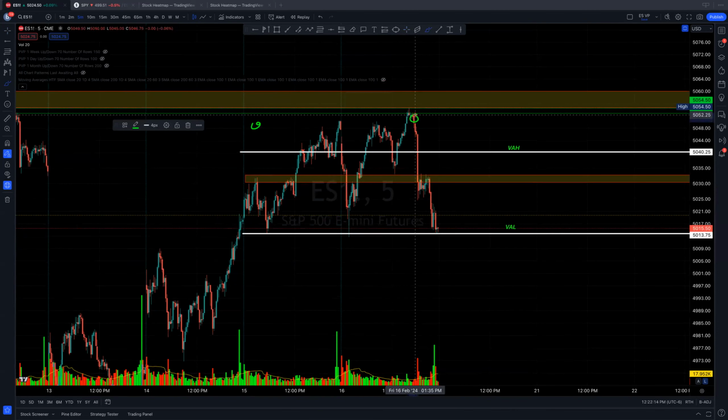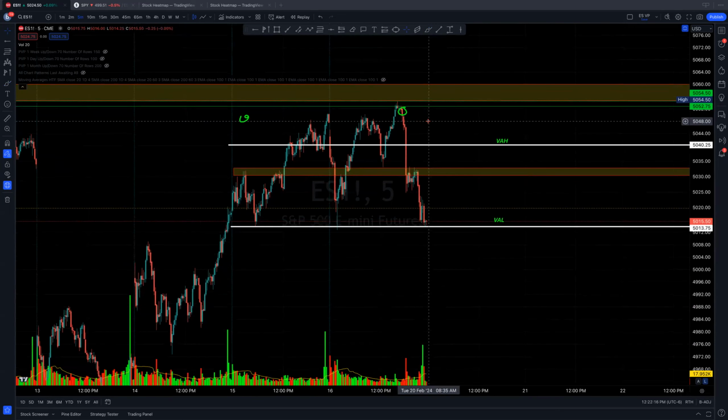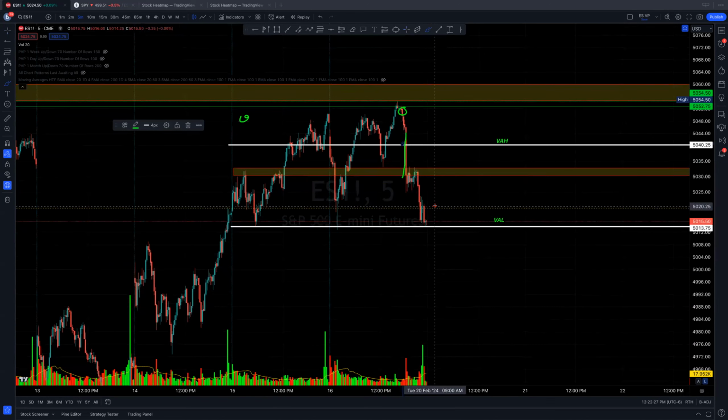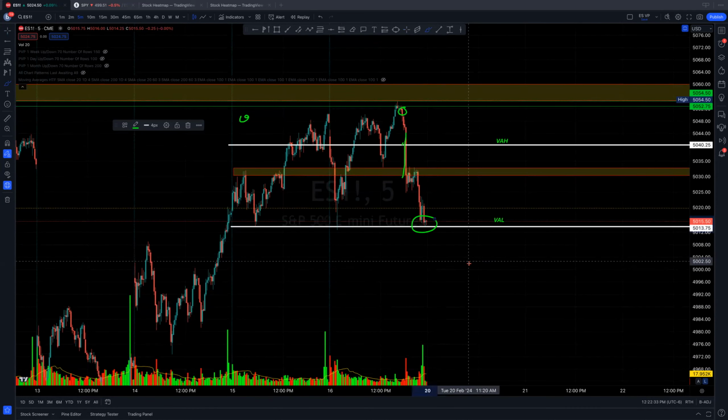This is an example. If I got in there, and if I see price just flush through value area high, there's a high possibility, like tremendous possibility of reaching value area low. Like huge possibility of reaching value area low.